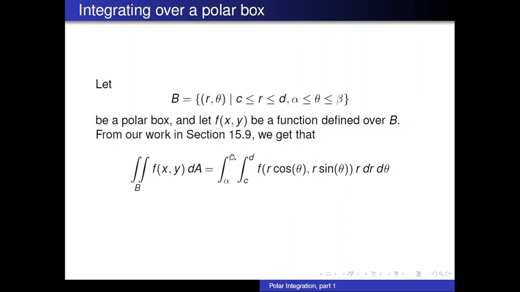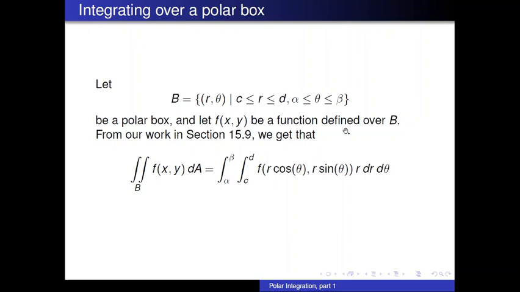That's just a convention. It's not absolutely necessary in this case because Fubini's theorem still holds over a polar box. So we'll have the integral from alpha to beta of the integral from c to d of, now instead of f of xy, we'll replace x with r cosine theta and y with r sine theta. And then right here is that Jacobian determinant r that we have to multiply by to keep track of how our coordinate transformation from the r theta plane to the xy plane is going to do some kind of warping of areas. So we'll keep this here.